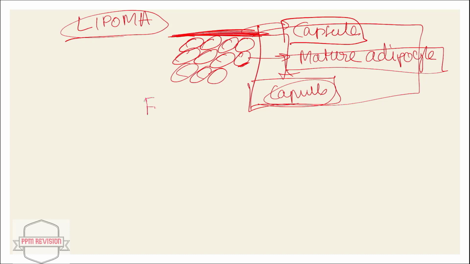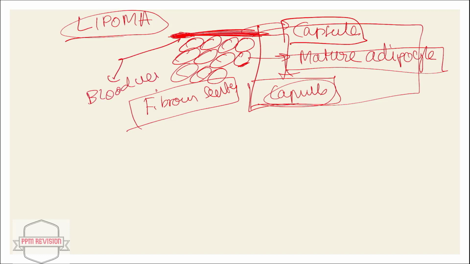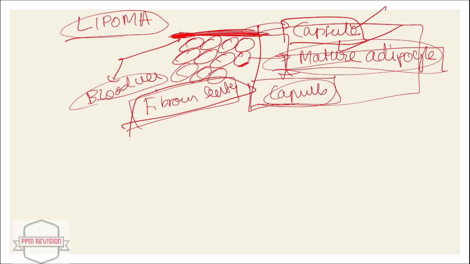So there's presence of fibrous septa as well, and you can find blood vessels with the capsule. To recap, there can be fibrous septa, a capsule, and mature adipocytes. In adipocytes, we know the nucleus is pushed to the side, so it's very easy to identify the lipoma.